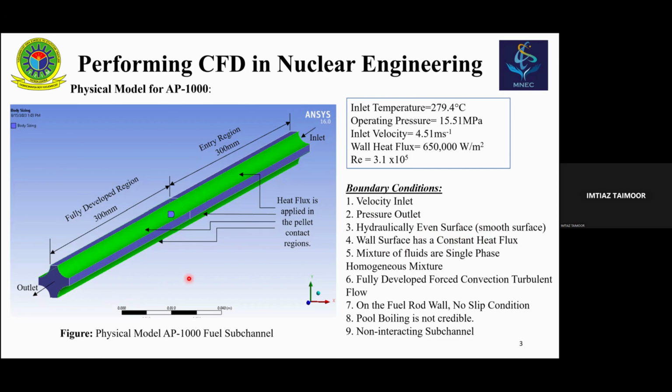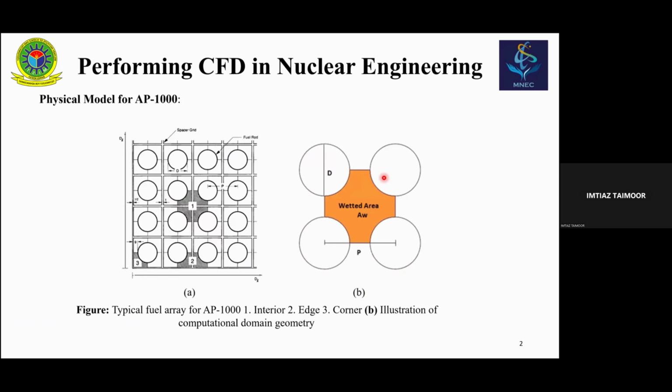Whenever the fluid or the water is flowing through the sub-channel, it is coming in contact with the fuel pellet wall. And this wall can be rough and this wall can be smooth.